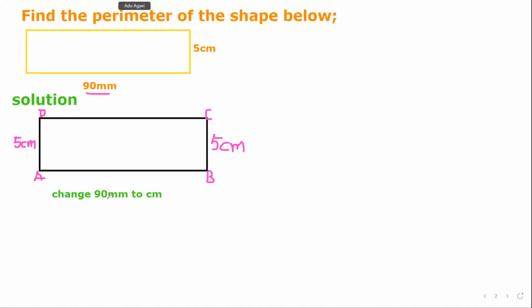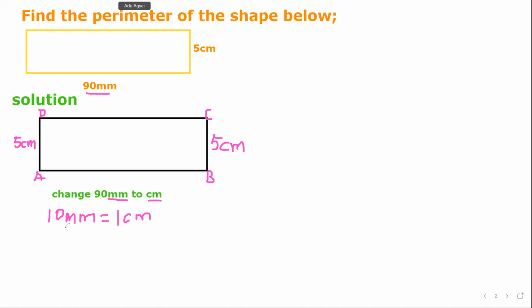Now to change 90 millimeters to centimeters, you must know the relationship between millimeters and centimeters. So the relationship is what? 10 millimeters is equal to 1 centimeter.